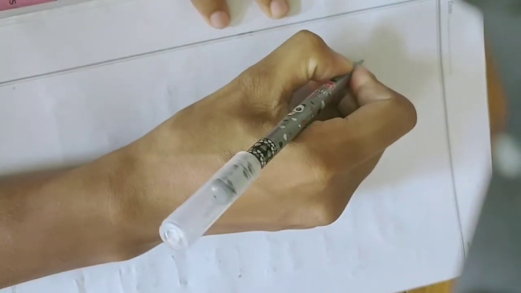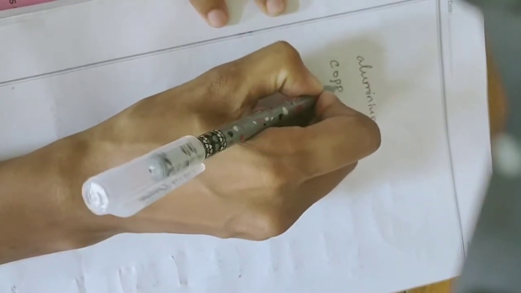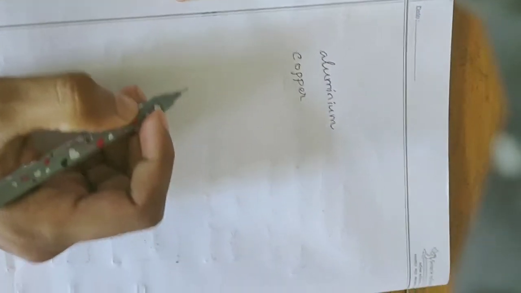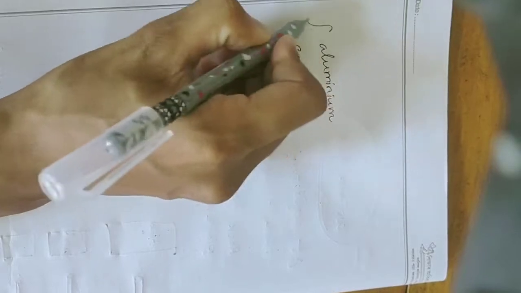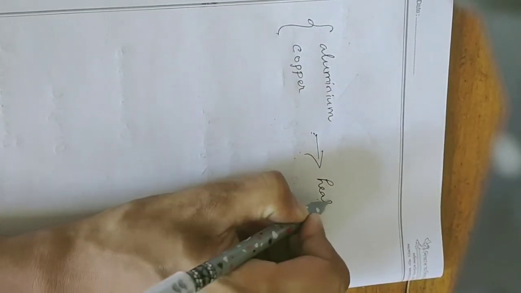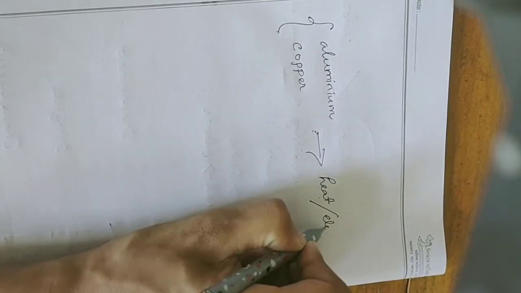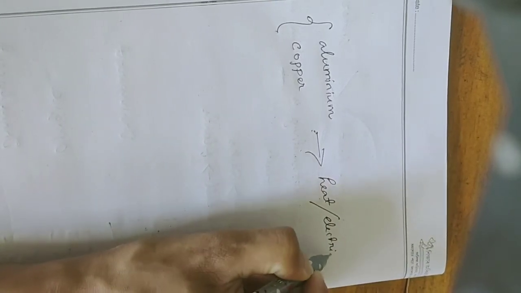For example, aluminum or copper, these two are materials that allow heat and electricity to pass.